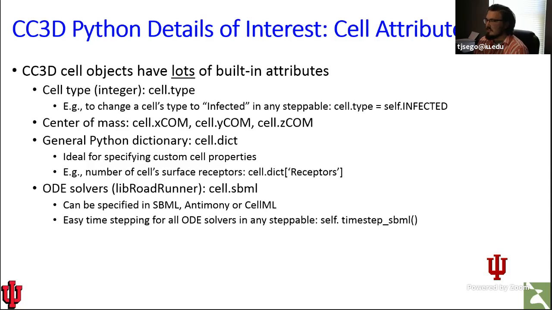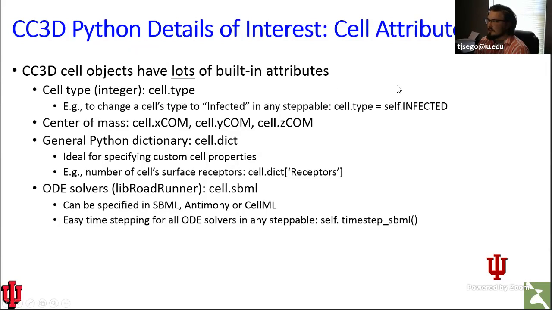Now, each cell in simulation, the Python cell objects, also have attributes that are defined and updated by the simulator. So when we work with specific cell objects, we'll find that we have convenience attributes, for example, cell.type.